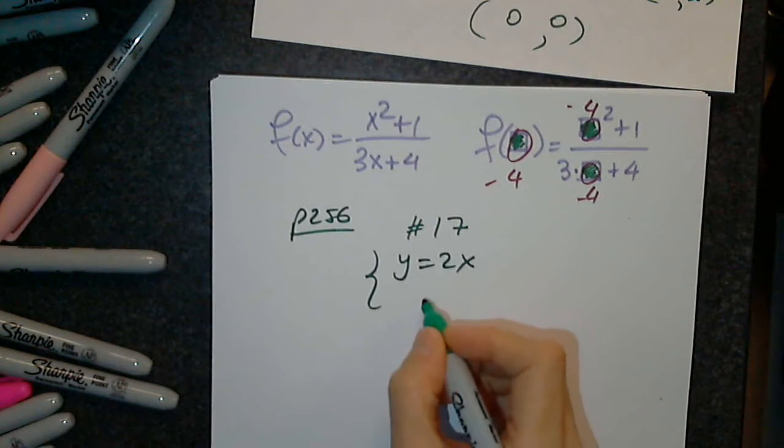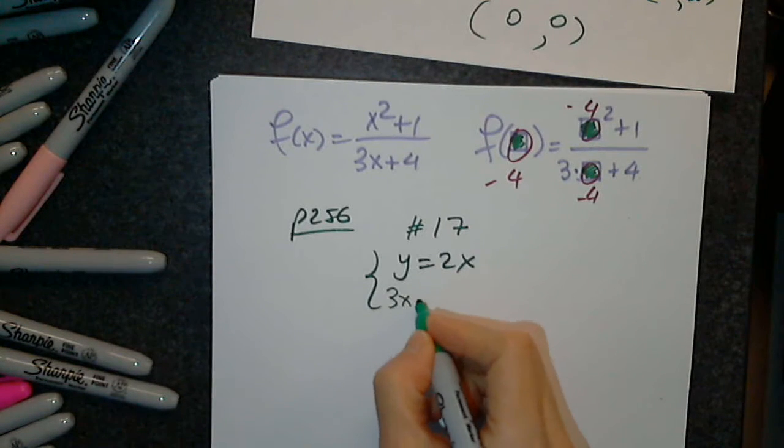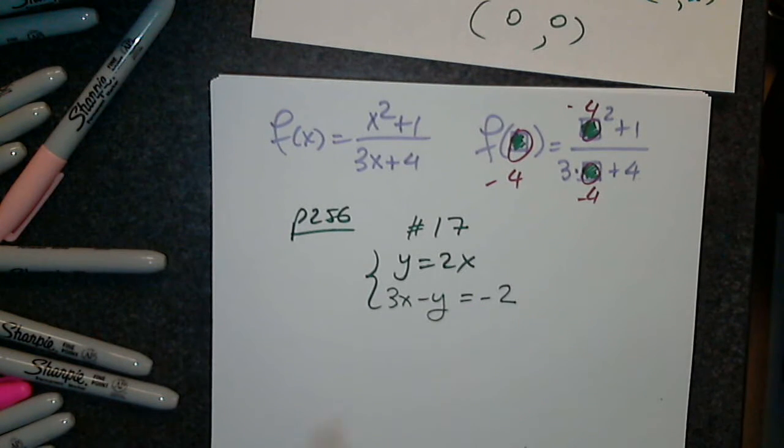Y equals 2x, 3x minus y equals -2. We're asked to solve the system by graphing. Of course, we're not going to do it by graphing initially. We're going to do the algebra, get the solution, and then we're going to show the graphs.